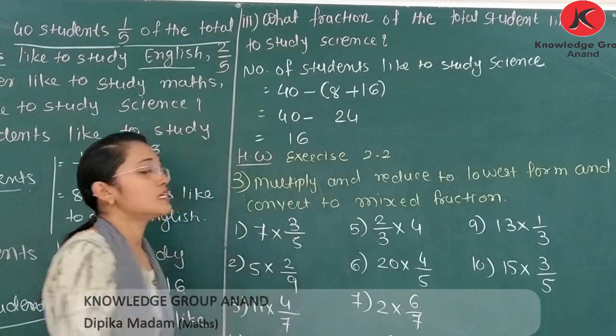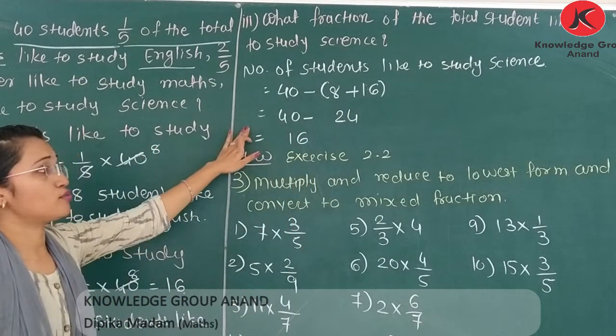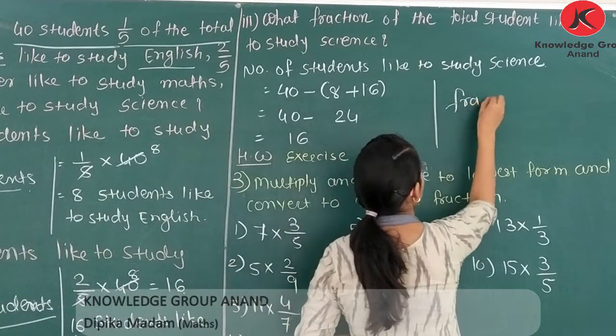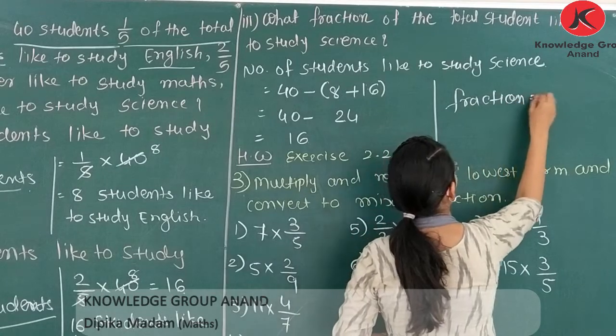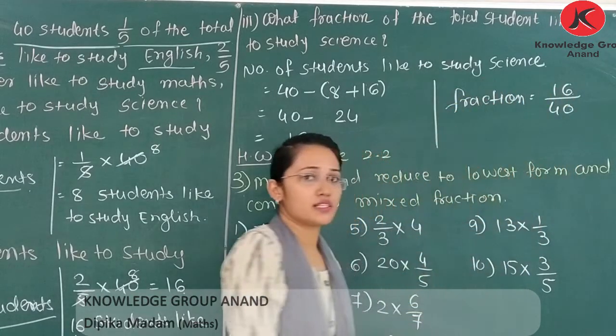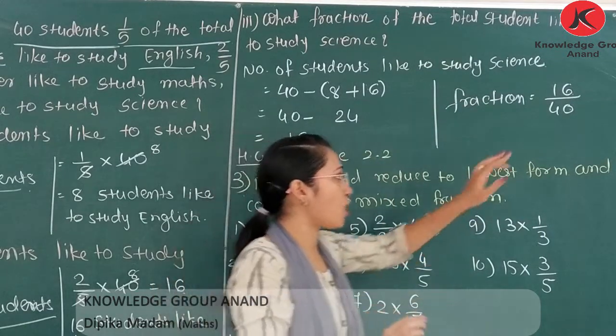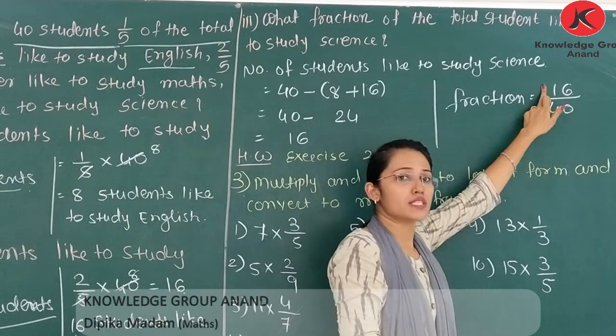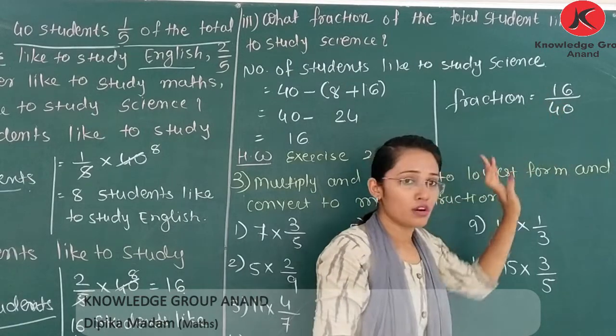So 16 students like to study science. So the fraction can be represented as 16 as the numerator over the total number of students. It means from these 40 students, 16 students like science. It means 16 by 40.